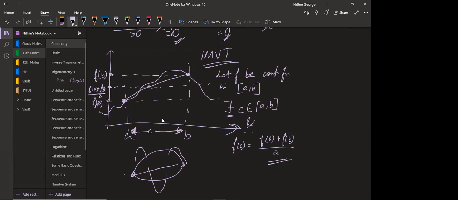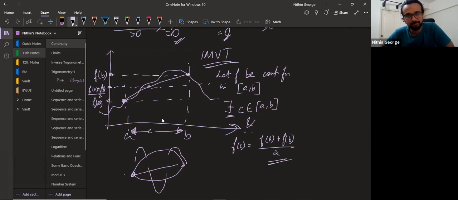That is the idea. Are you guys following this? Yes, sir. Okay. Similarly, it will have to go to f of A plus f of B by 3 also. Alright, if it's between f of A and f of B. Okay. That's the idea here being spoken about. Got this?